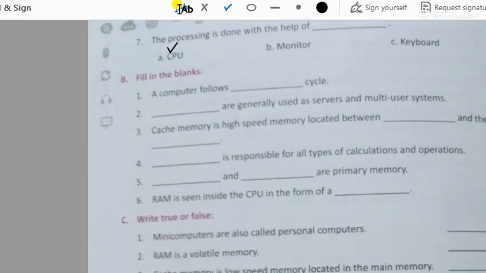Here we can do the fillings. A computer follows dash cycle. What cycle does a computer follow? Input, process, output. IPO process.